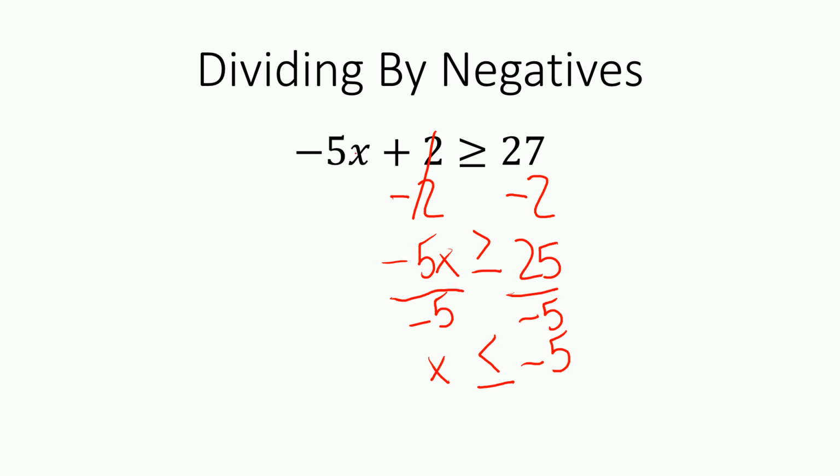And that's because this will flip everything when we put a solution in here and multiply. So multiplying or dividing by a negative number will result in a flip of the inequality symbol when you're solving inequalities.